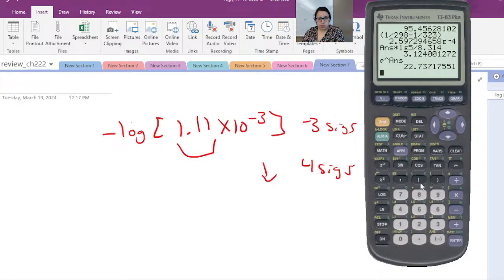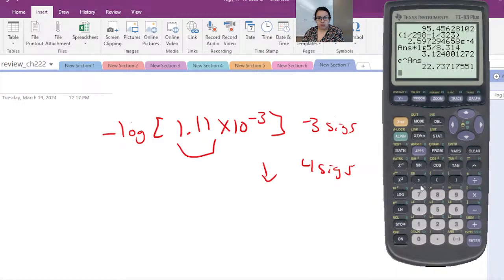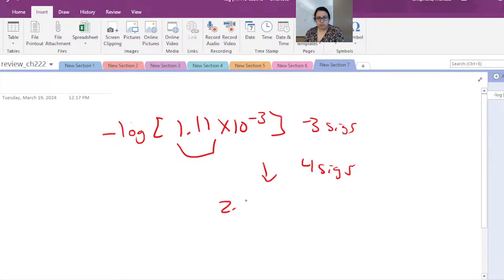But I probably won't be too picky with the sig figs on the exam. But so then, to round appropriately, now we need 4 sig figs, so 2.945 would be the answer there. So you just add another significant figure.